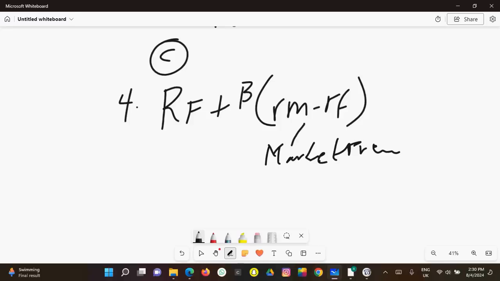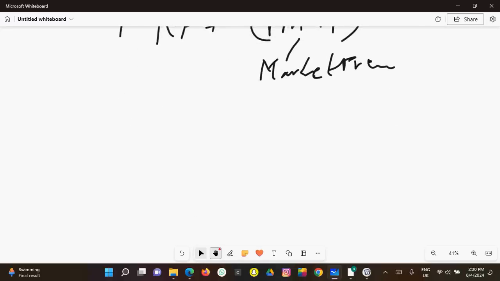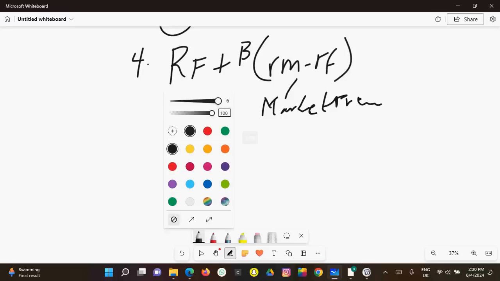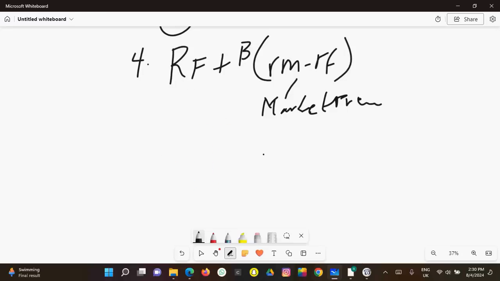Right. So now they give us the risk-free to be 4.5%, which is also equivalent to 0.045. And then beta was 1.15. And then RM was 11%, 0.11.